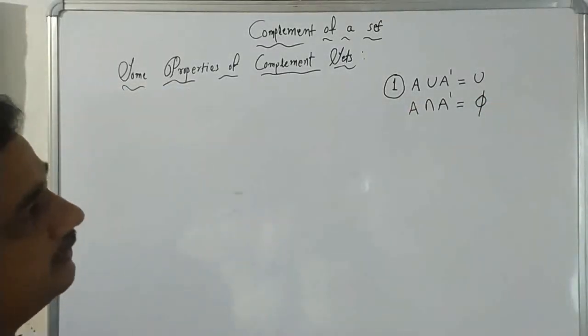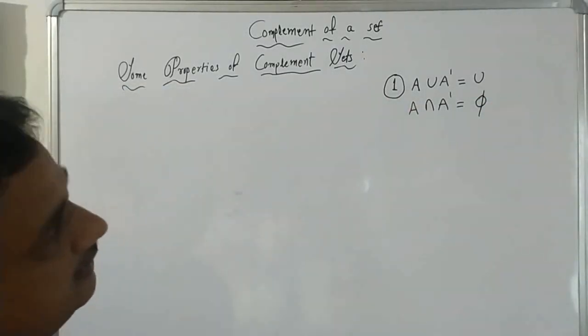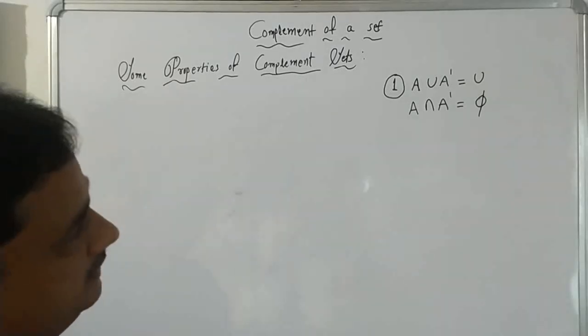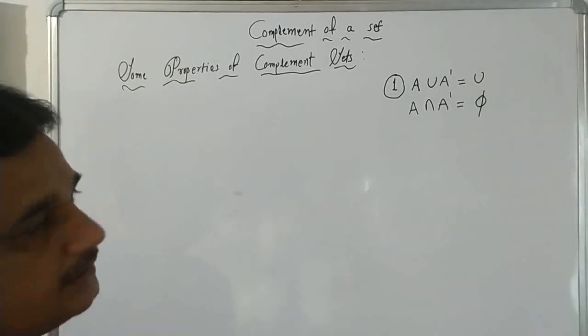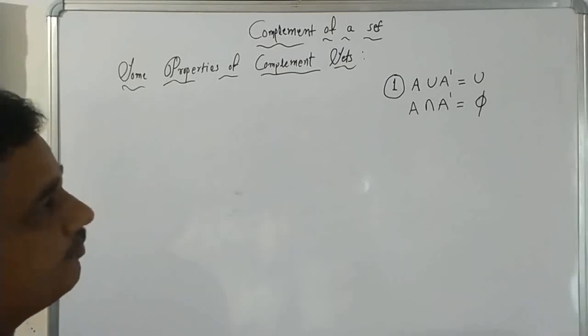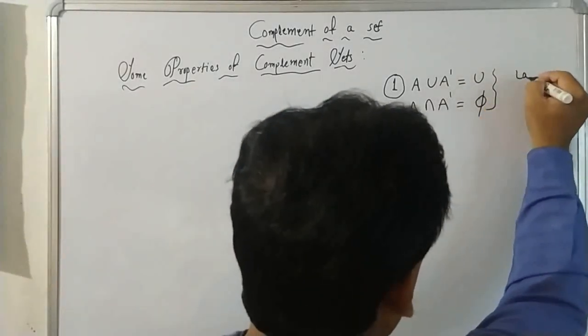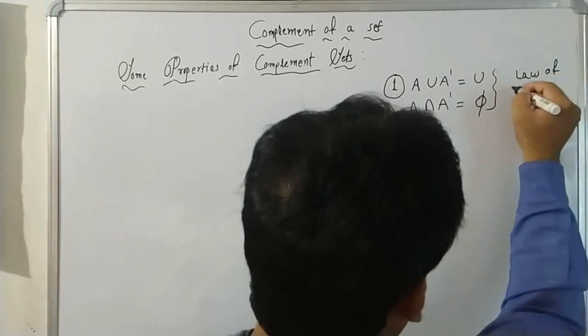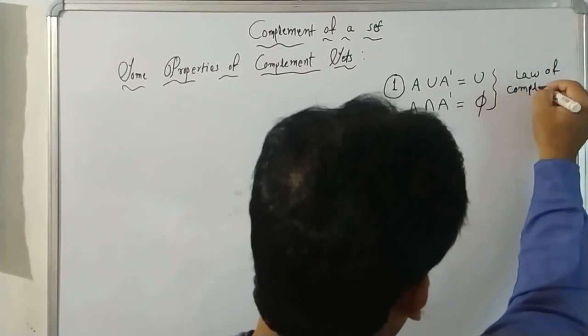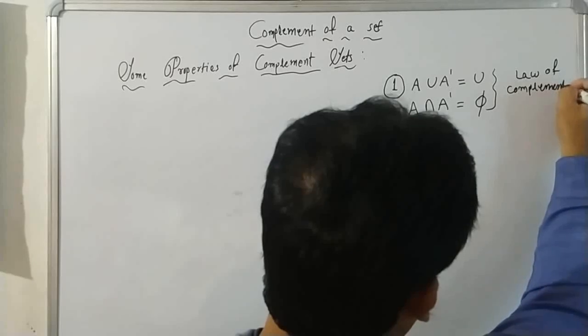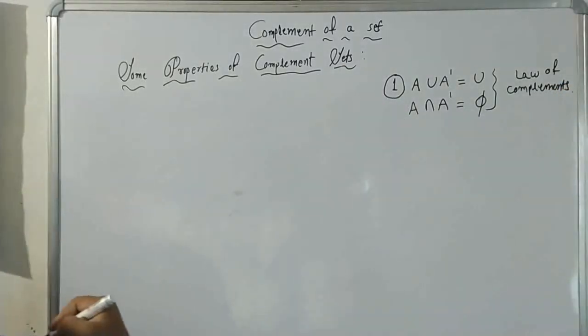The intersection of a set and its complement will be an empty set. All will derive. Okay. So this is called the law of complement, or complement law.